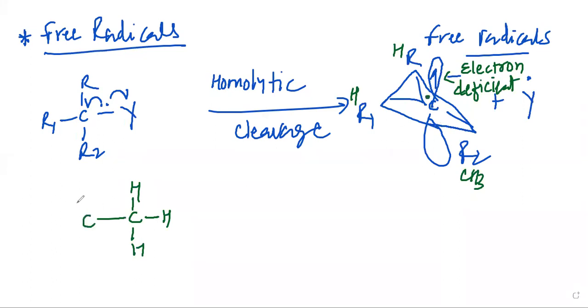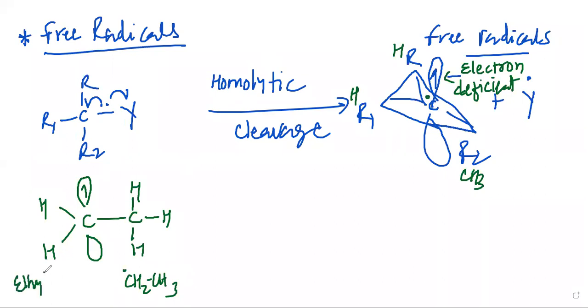So we'll put a dot on it, that has got this one electron present in it, and then you have 2H present in it. So it is ethyl free radical. It is like CH2 CH3 and free radical, which we call an ethyl free radical.